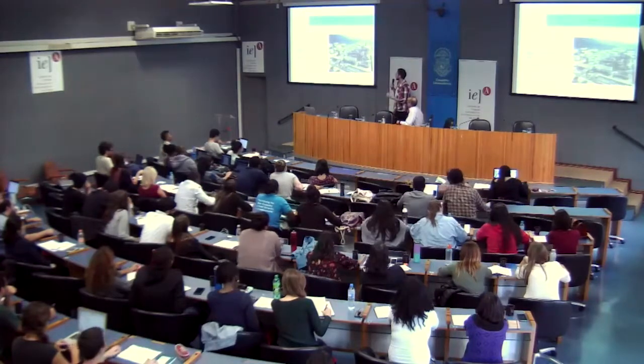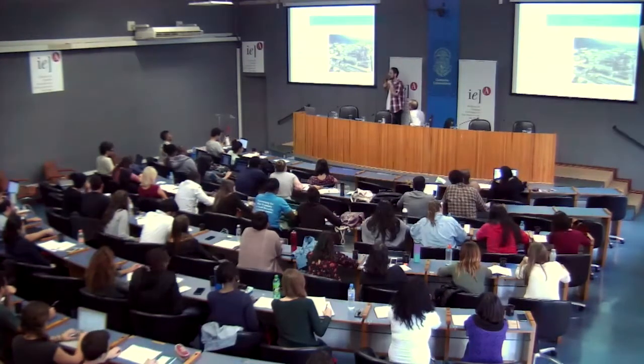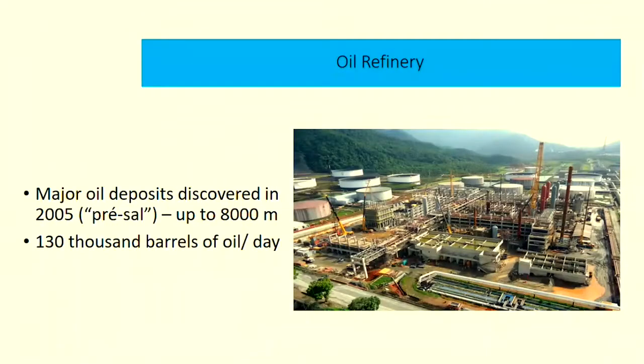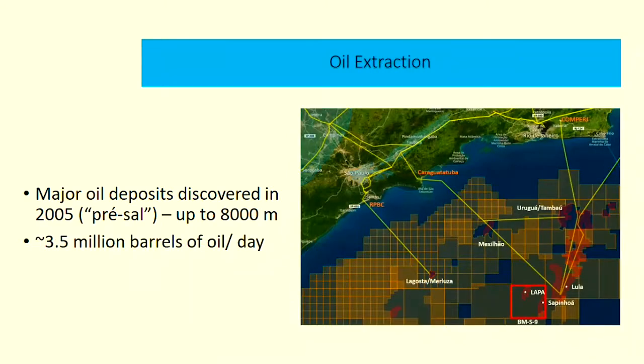Most of the oil that is drilled offshore Santos is refined in Cubatão also, and there is this huge oil plant in Cubatão. I'd like to highlight this number: the oil from Pré-sal is about 3.5 million barrels of oil per day.